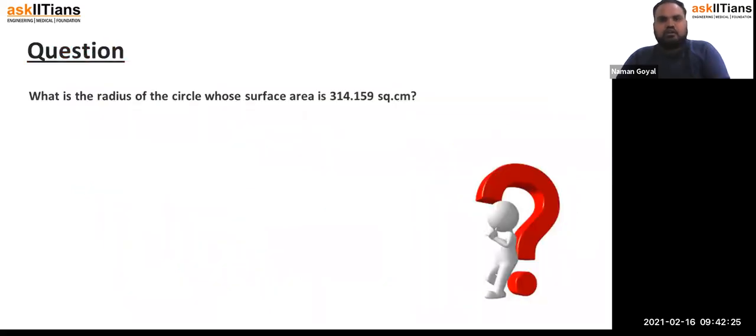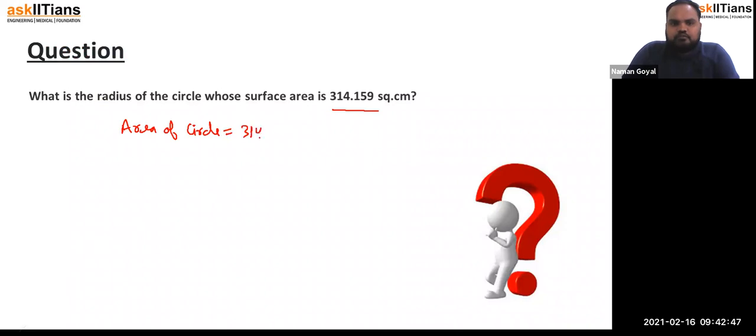Now there is a question: what is the radius of a circle whose surface area is given? The area of the circle is given as 314.159 centimeter square.